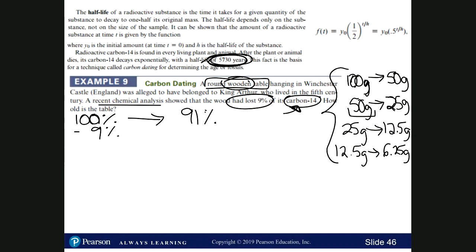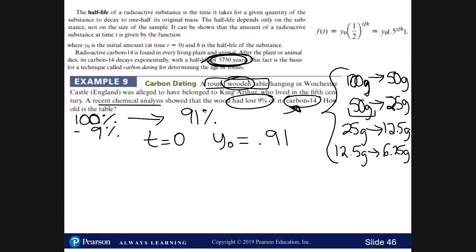So what happened here is that the original amount when the table was found, if we're going to use t for time, at time 0, the amount remaining, which is y sub 0, was 91%. We're going to convert percent to decimal, so we divide by 100, which is 0.91.